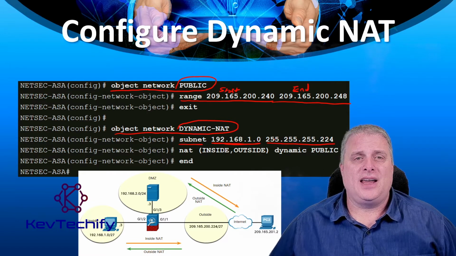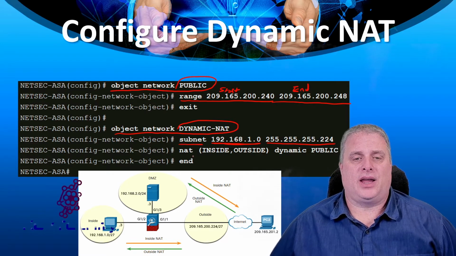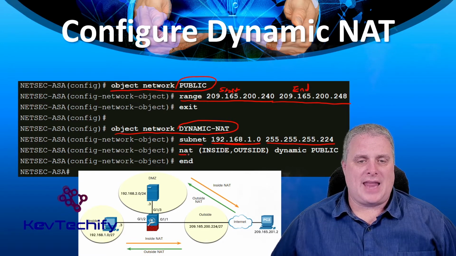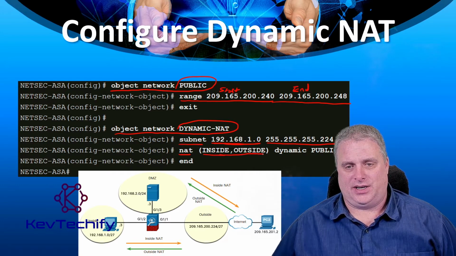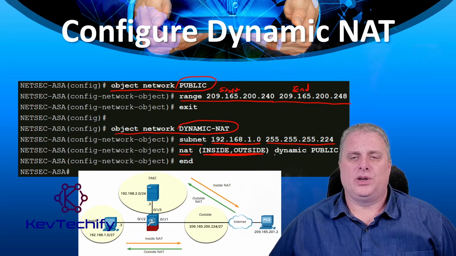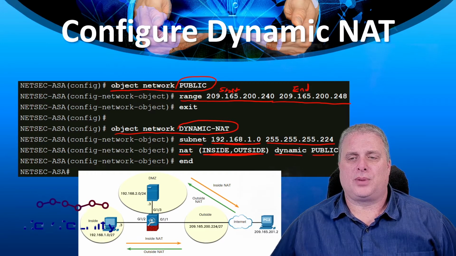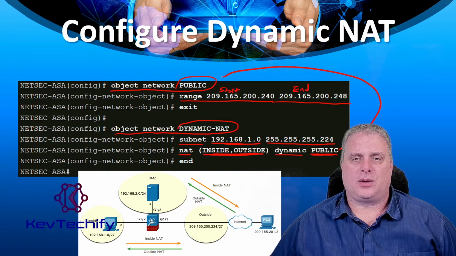And then finally, we bind public to the NAT command. We use NAT, and we say we're going from the inside interface to the outside interface. So what direction are we going? What interfaces are we using? And that we're using Dynamic NAT, and we are using the pool of public addresses specified by the public object we set up right there.